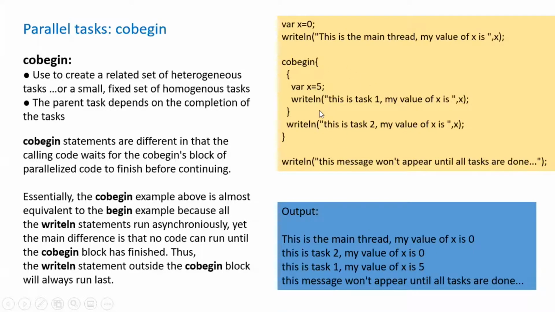And within this part, there's no order. Sometimes when you run it, task 1 comes first, but other times task 2 comes first. So cobegin is different in that the calling code waits for the cobegin block of parallelized code to finish before continuing. Okay.